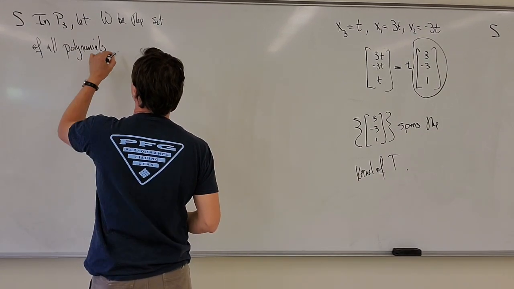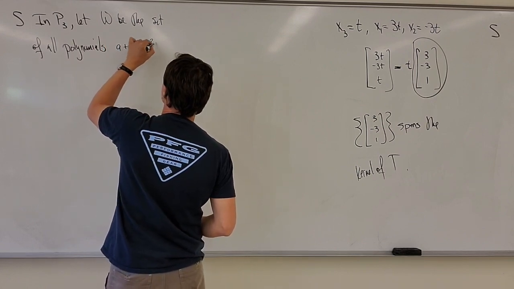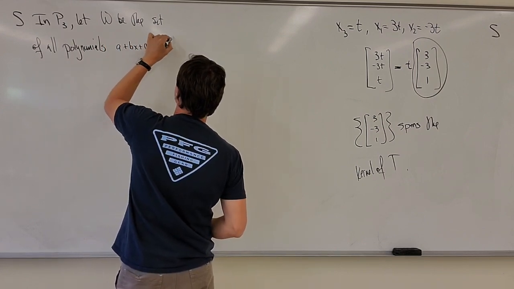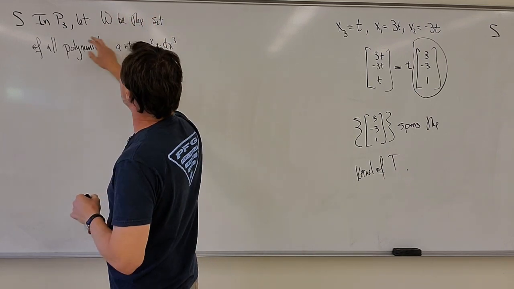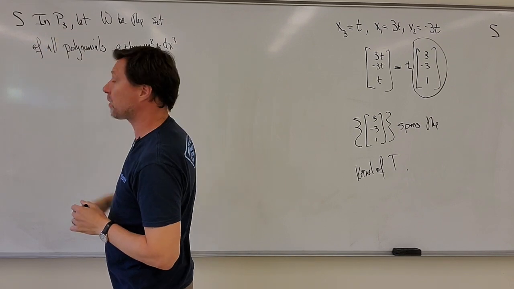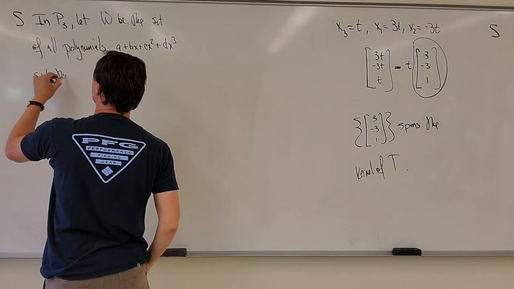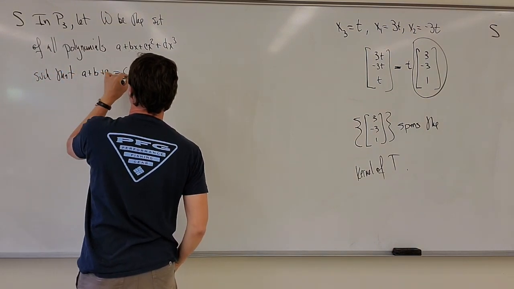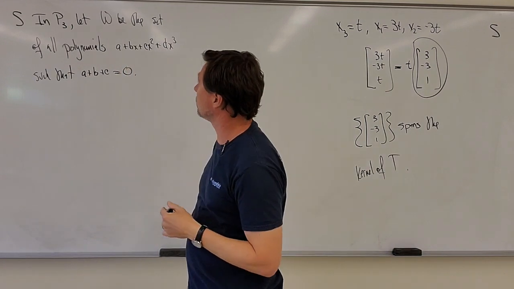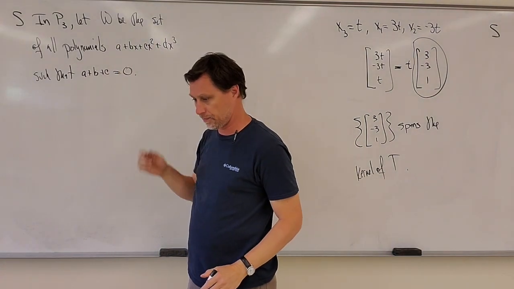All polynomials look like a plus bx plus cx squared plus dx cubed. That's the collection of all possible polynomials. And what I look at is some restricted set, some subset of P3. So such that a plus b plus c equals 0. So W is the set of all polynomials that satisfy these conditions here.